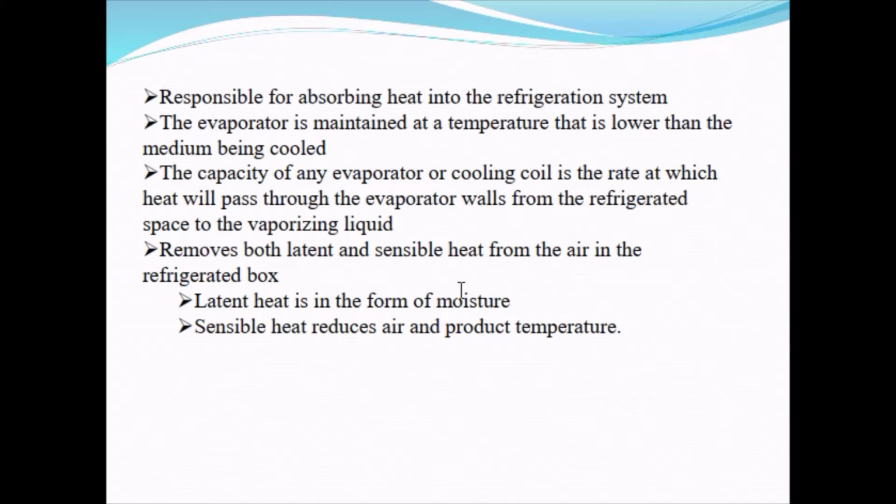Then it removes both latent and sensible heat from the air in the refrigerated box. Latent heat is in the form of moisture, and sensible heat reduces the air and product temperature.